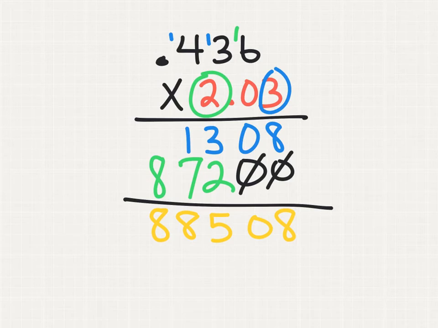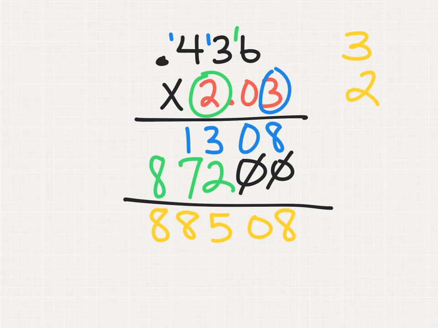88,508. But when I go back to my factors, I see that there are 3 digits to the right of the decimal in 0.436. And I see there are 2 digits to the right of the decimal in 2.03.